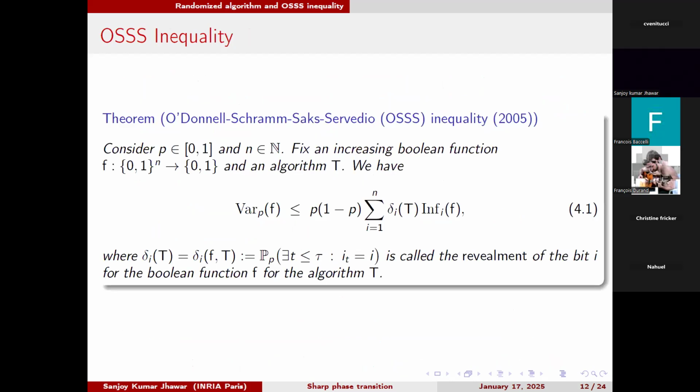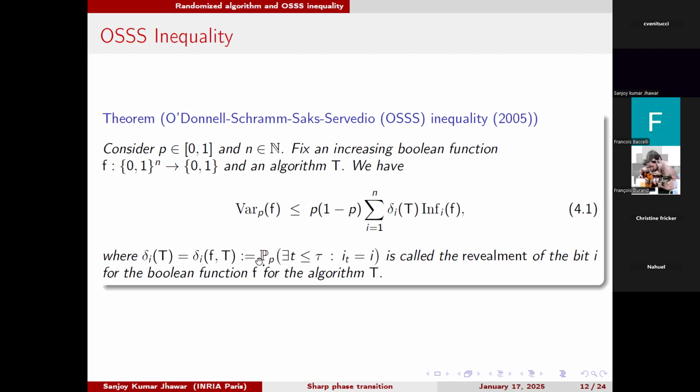If we have an algorithm like this, then we can derive some variance inequality, where along with the influences of each coordinate of the vector omega, there is a probability term involved: with what probability that particular coordinate is revealed, which we call the revealment probability.